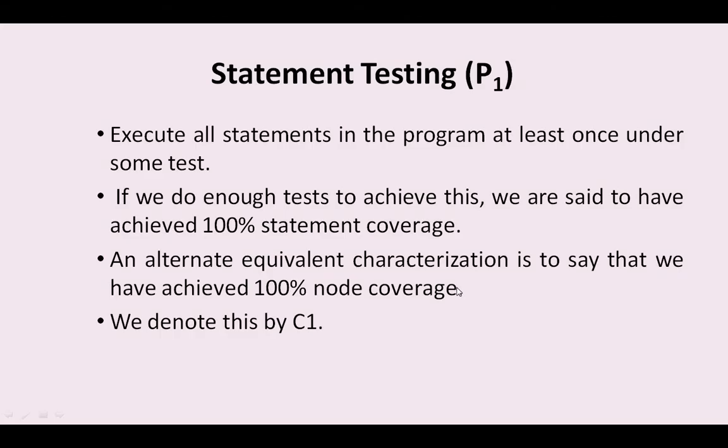Statement coverage executes all the statements within a given program, so it is 100% possible, and all the nodes can get executed within a control flow graph, so that is also 100% possible. Except path execution, the remaining ones are all possible. And please remember, statement testing can be represented by P1 or C1.